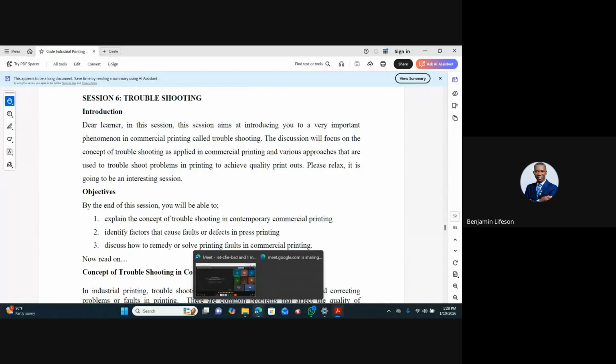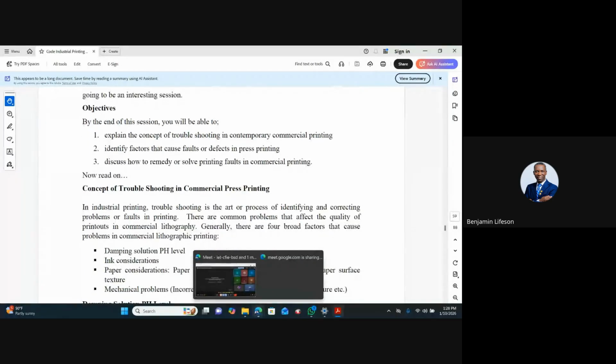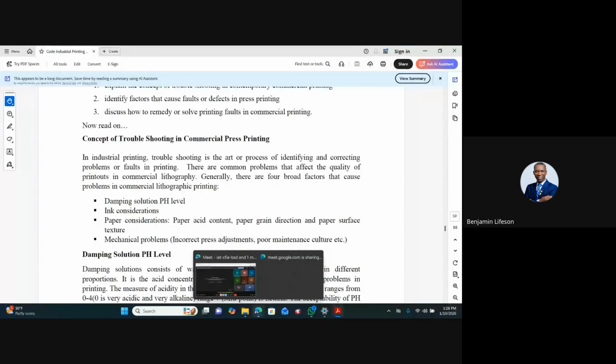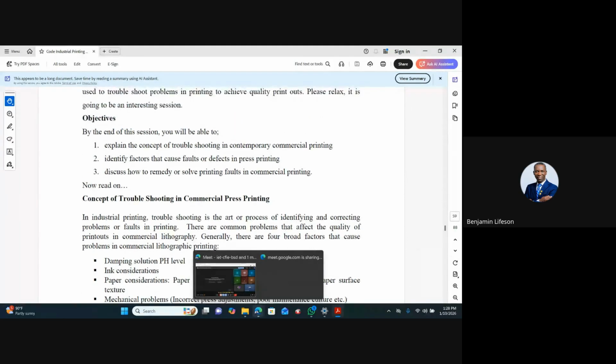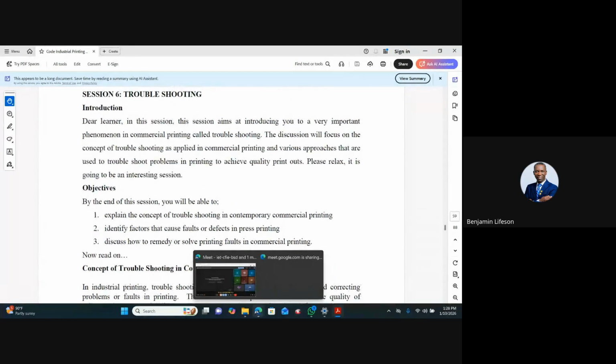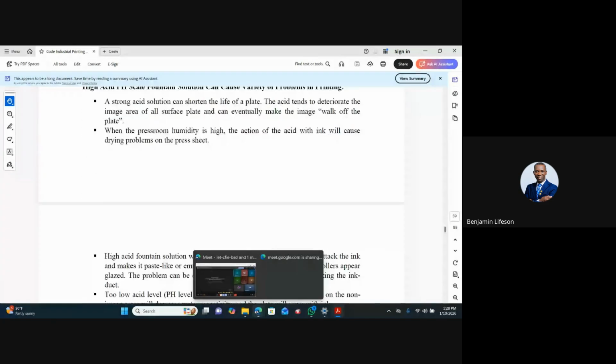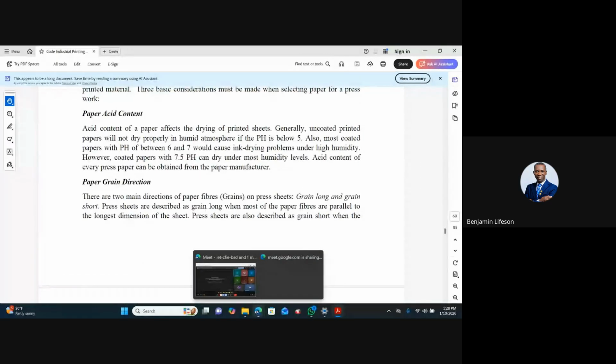All right, so quickly, we'll look at troubleshooting. What is troubleshooting? You want to look at the concept of troubleshooting in commercial press. Let's see how best we'll be able to.